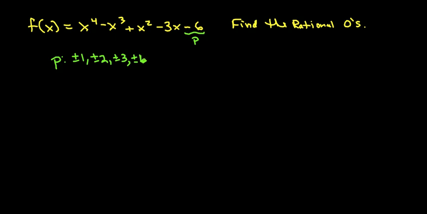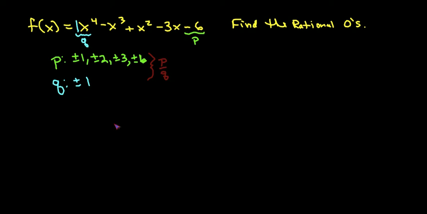Now the second part that I want to look at here would be the q's. And the q's are coming from our lead coefficient, which again in this case is 1. So those are our possible q's. So again, pretty simple, plus or minus 1. Now the nice thing about one like this is once we put this together, all we're going to do is p divided by q.